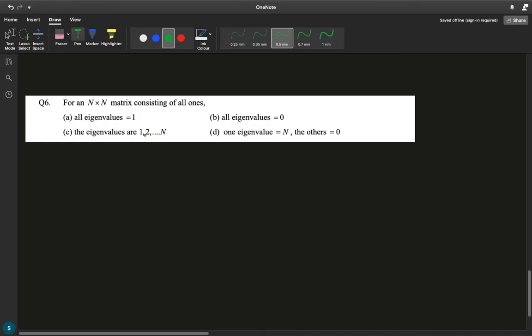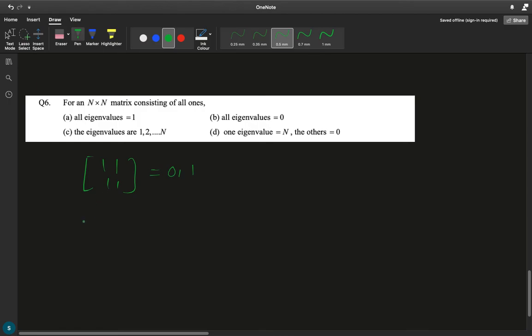For the n cross n matrix consisting of all ones, what are the eigenvalues? All right, so let's say for example take the simplest matrix 1 1 1 1. Okay, all the values are 1. So what will be the eigenvalue? So you know that for this matrix we have 0 and 2. This is the eigenvalue. Okay, you can calculate that also. This is not a problem.